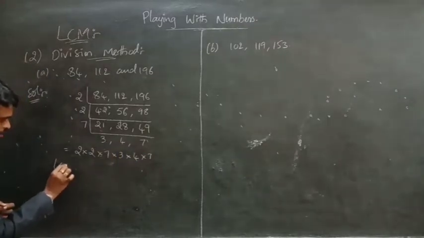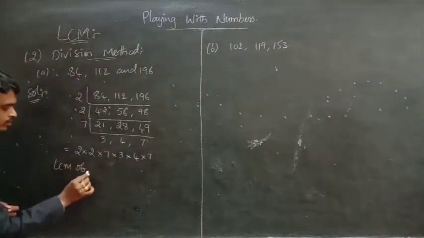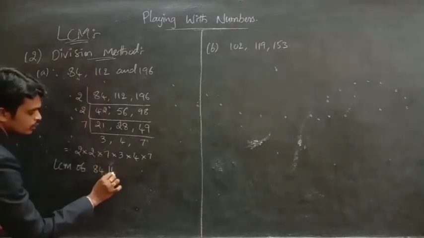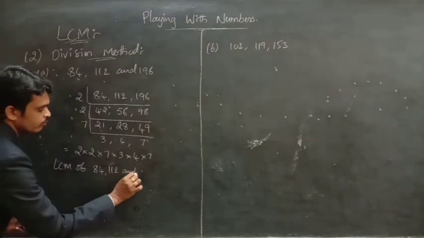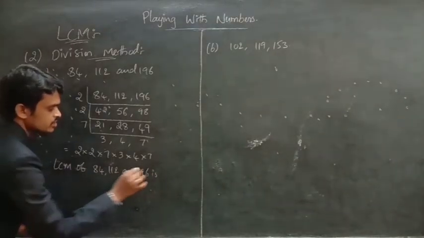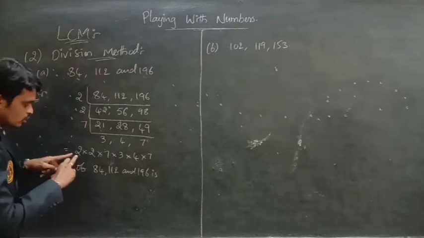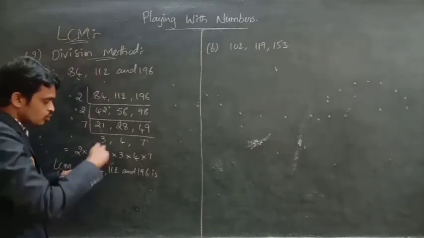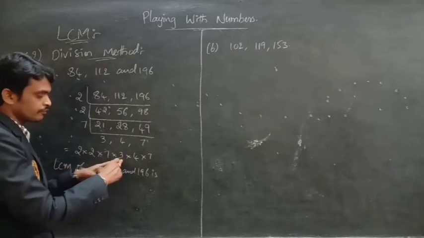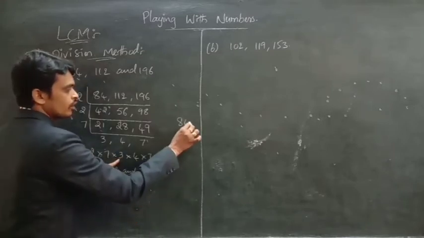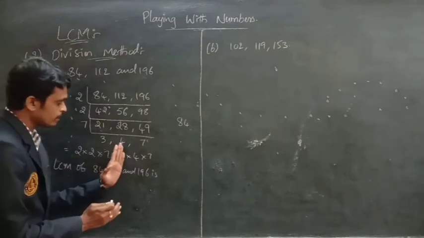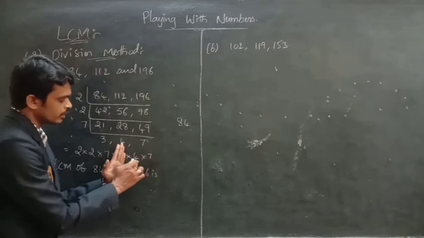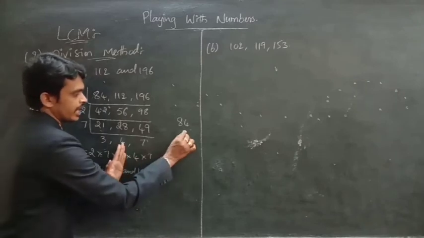Now the LCM of the numbers 84, 112 and 196 is, let us multiply these numbers. 2 twos are 4, 4 sevens are 28, 28 threes are 84. So up to here we got 84. If you are getting big numbers, multiply the remaining product of two numbers. 4 sevens are 28.